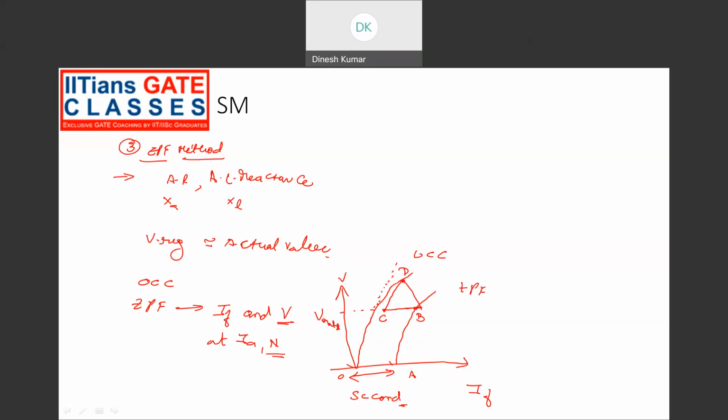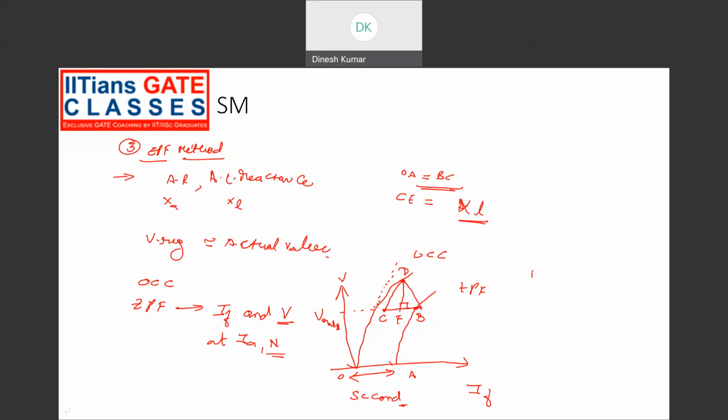Now if you draw the perpendicular from B to CB, let's name that point E. Here OA equals BC, which is nothing but the field current corresponding to the short circuit condition, and CE is the field current required to compensate the drop due to armature leakage reactance, that is XL.